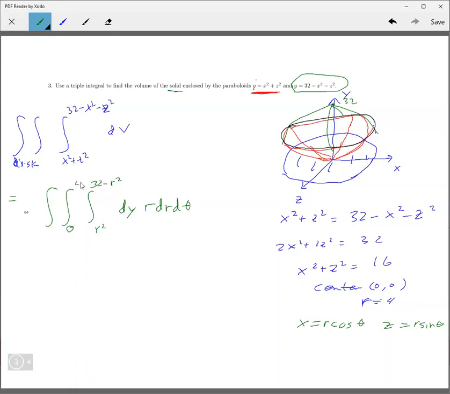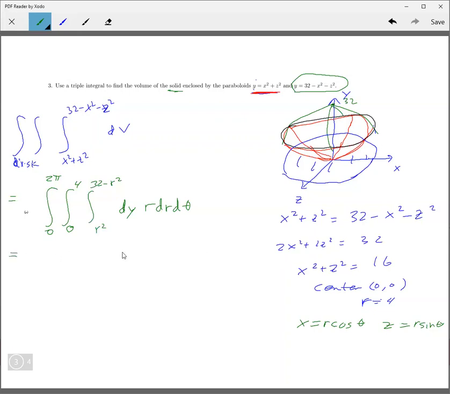Yes, that's going to go to 4. And then theta? From 0 to 2 pi, because you're going all the way around. Okay, so great, that's the integral.